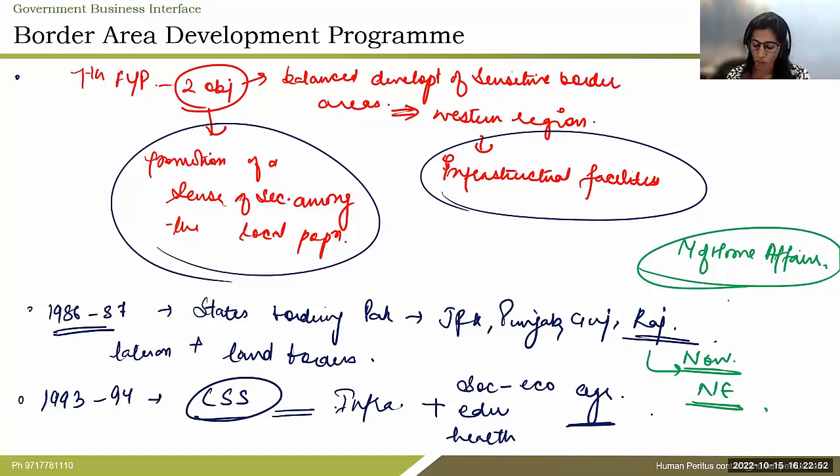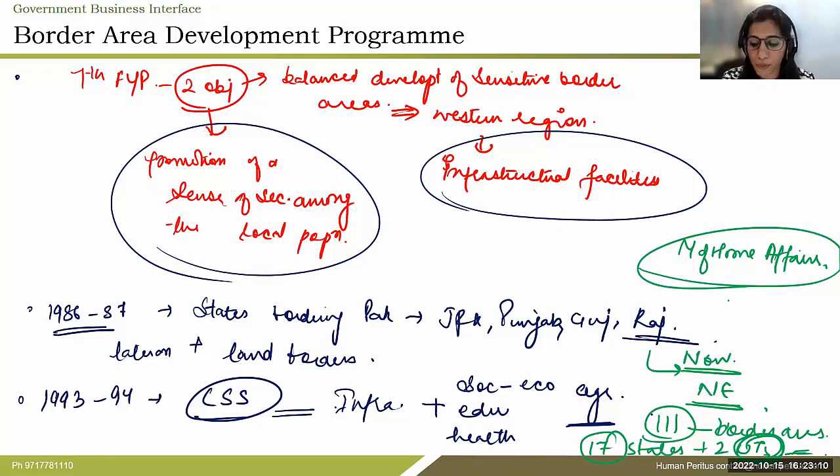So accordingly, there are in total 111 border areas of 17 states, plus 2 UTs, J&K and Ladakh as well. So this was about the border area development program.